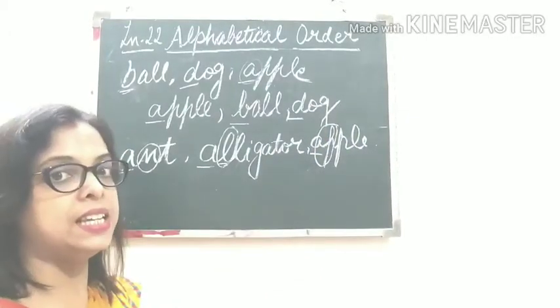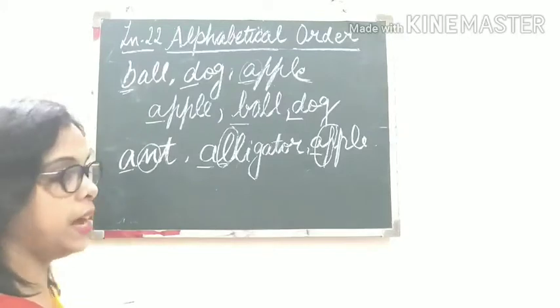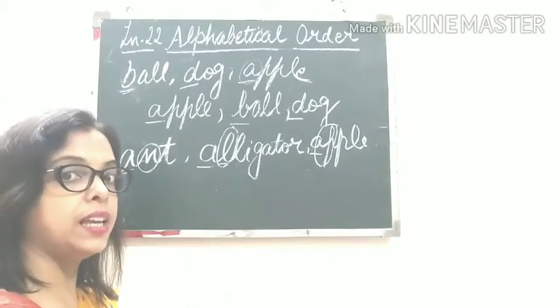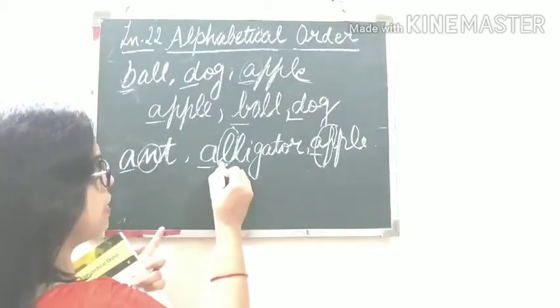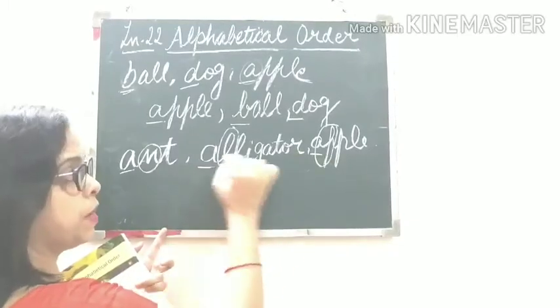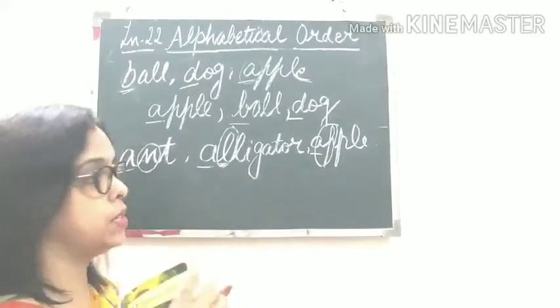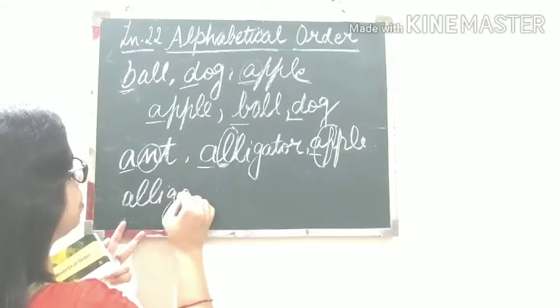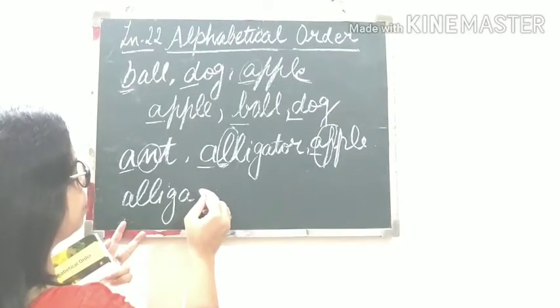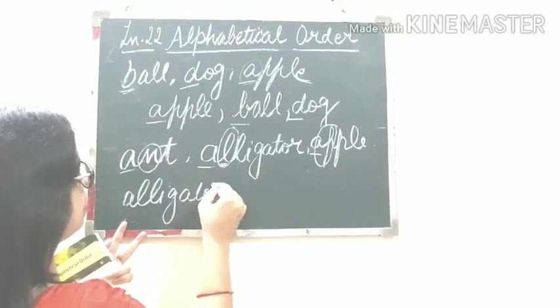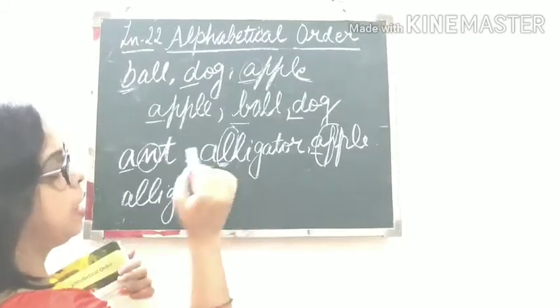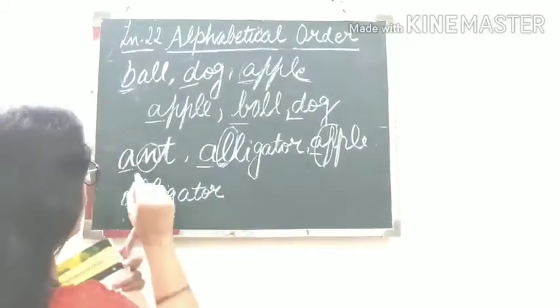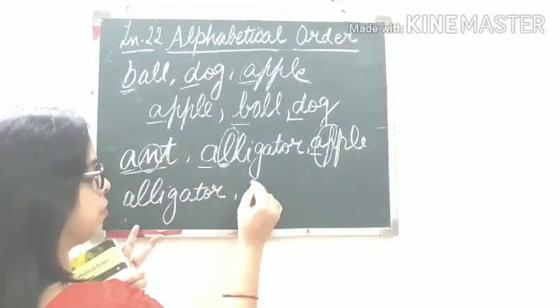A, B, C, D, E, F, G, H, I, J, K, L. So L is the alphabet, among these three, L is coming first. So the first word will be alligator. L, M, N. Second is coming ant.